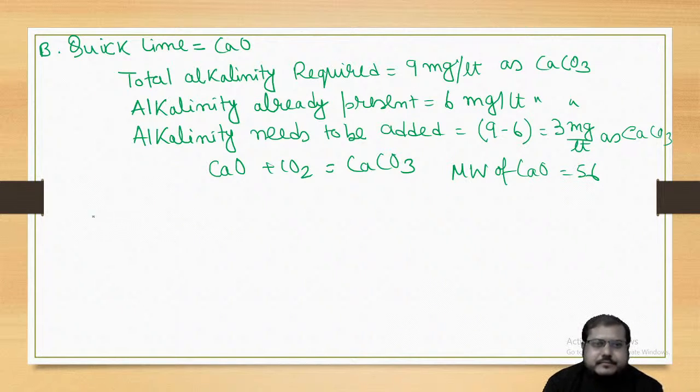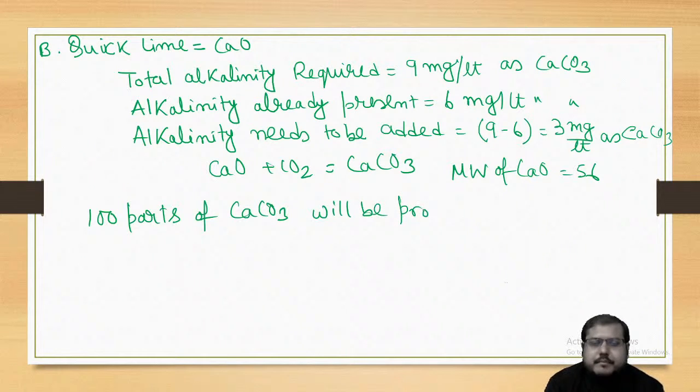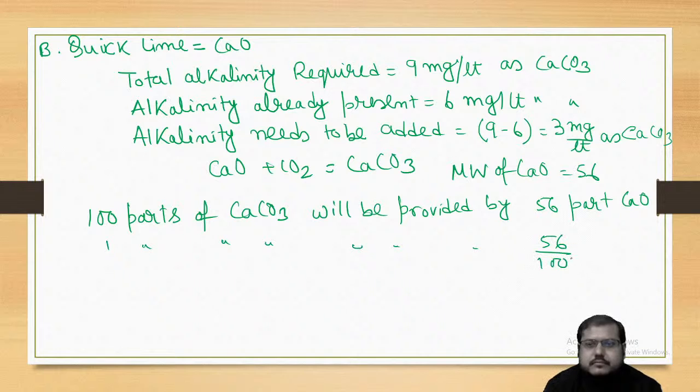So we can say that 100 parts of calcium carbonate will be provided by 56 parts calcium oxide. And how much is it? 3 milligram per liter.